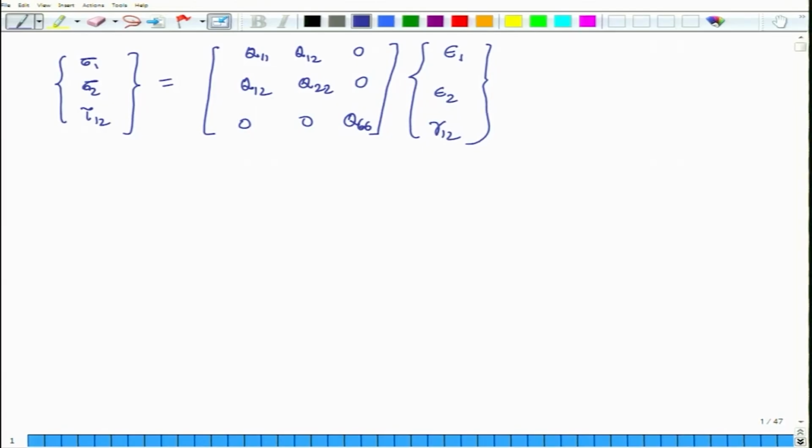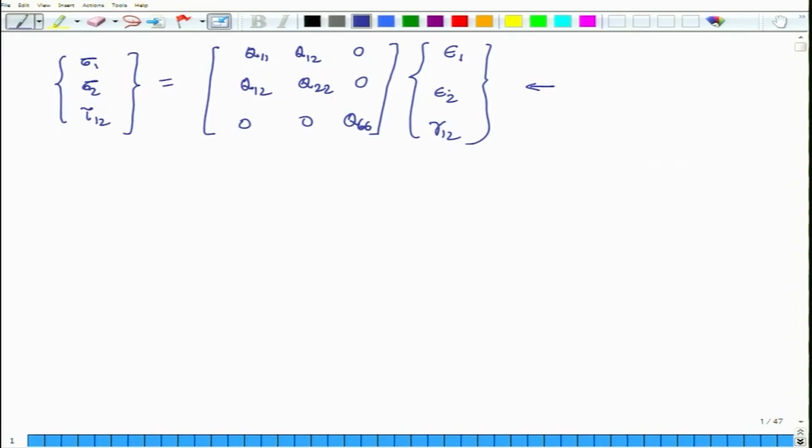So, these are 4 independent elastic constants, and it should be noted that when there is a specially orthotropic lamina under plane stress, a thin orthotropic lamina, then if I have a shear strain, it will not generate any extensional stresses, and if I have extensional strains, they are not coupled to shear stress.